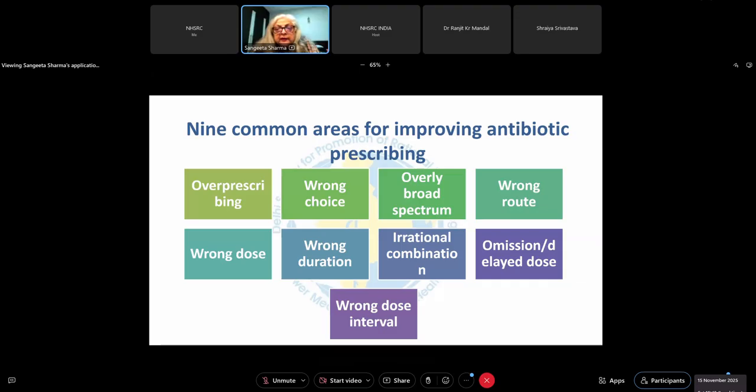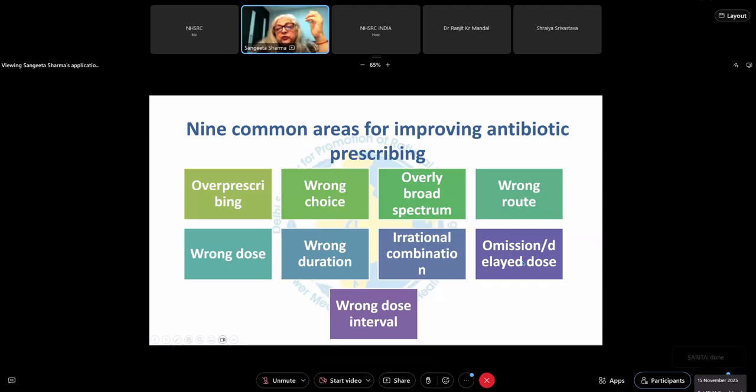I'll come to that. Then another very important thing: omission or delayed dosage. This happens every time. If you look at the functioning in the wards, these antibiotics are to be given on an hourly basis: 6 hourly, 8 hourly, 12 hourly, 24 hourly. But in practice, we reduce them to BD, TD, or once a day, but this is not right.